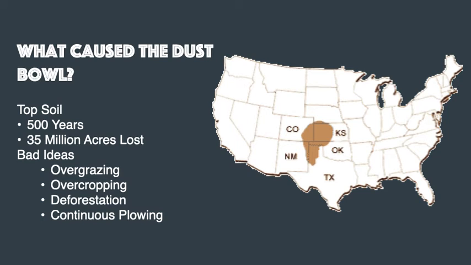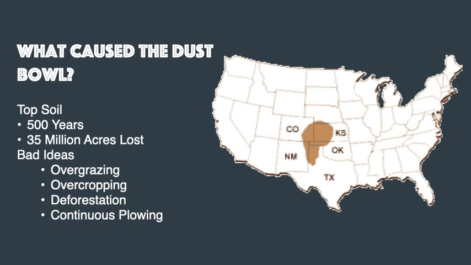There were some things that caused it, overgrazing by cattle. One of the things that you see with the Dust Bowl is that really, you get out past the Mississippi, and this is a lot of prairie land. So it had this really tall grass that grew on the prairies. Not a lot of trees, but this grass had adapted over thousands of years to the windy conditions of the plains. And so they'd grown root systems that were very deep and interconnecting underneath the soil.